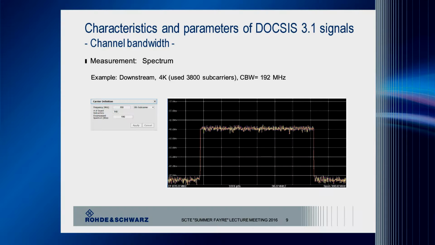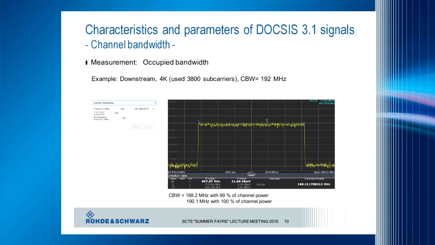A typical OFDM spectrum has very sharp edges and a very clear spectrum if nothing happened with the signal. It's a typical characteristic if you compare it with QAM signals, nowadays DVB-C signals, of course. There the edges are rounded, and here, of course, you always have very sharp edges.